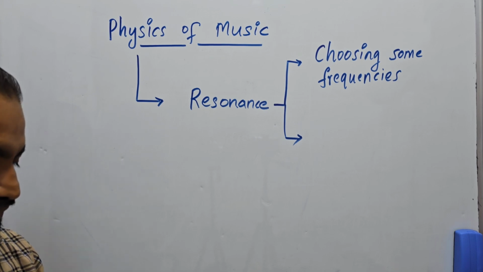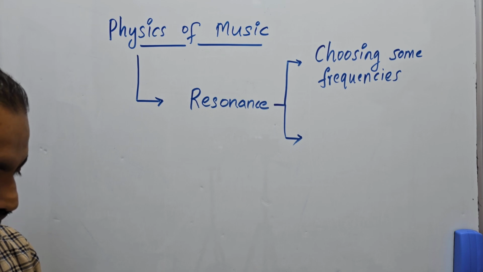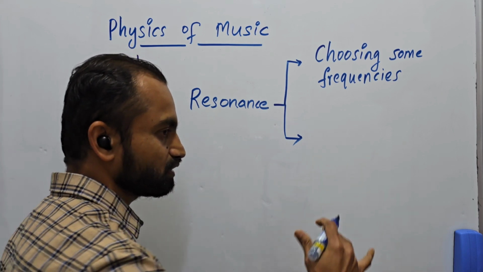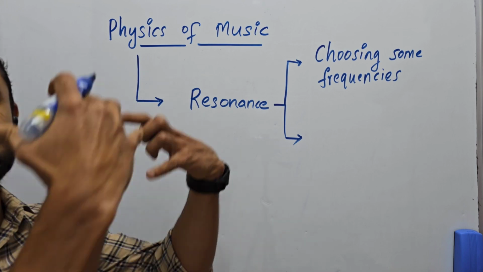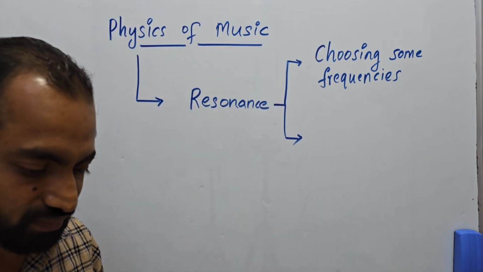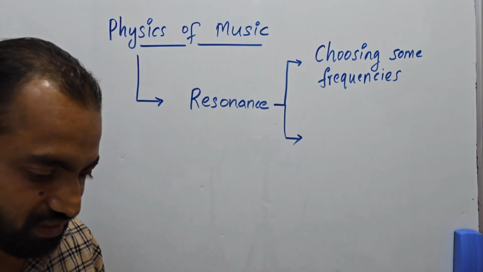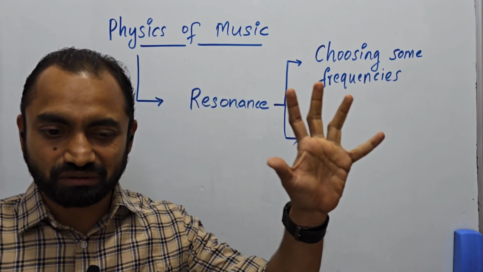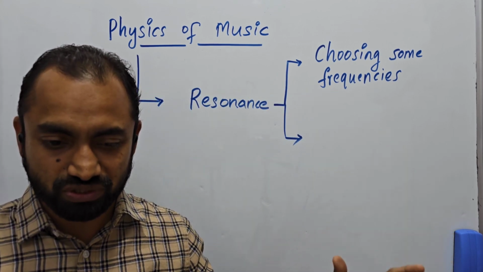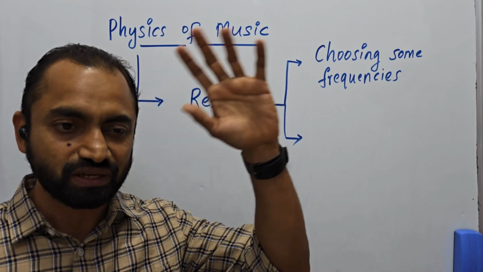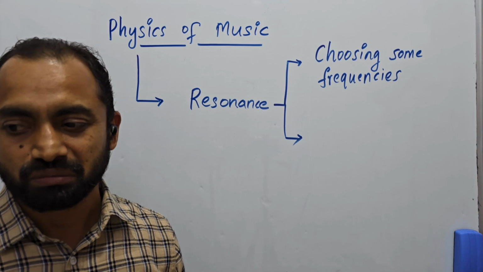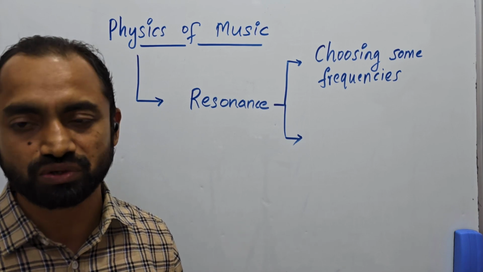After that, what will we do? After that we will make those frequencies louder. For example, there are a lot of frequencies in our sound. When I talk, there are variable frequencies, right? So my talking or my sound is not music.